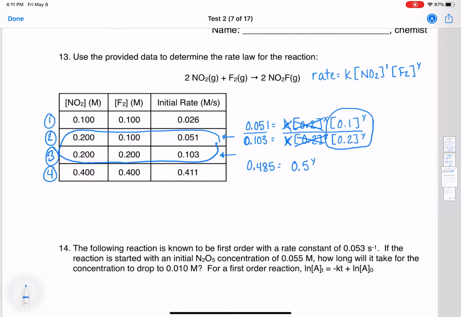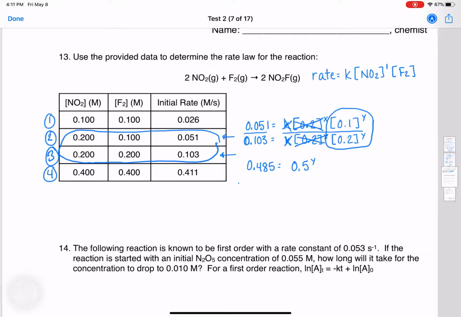You've got a couple options on solving for y. You can just start plugging numbers in and see what you get, knowing that these exponents are typically 0 or 1 or 2. Or if you want, you can take the log of this so we can get that y down. But I think in this case you don't even have to really guess and check.